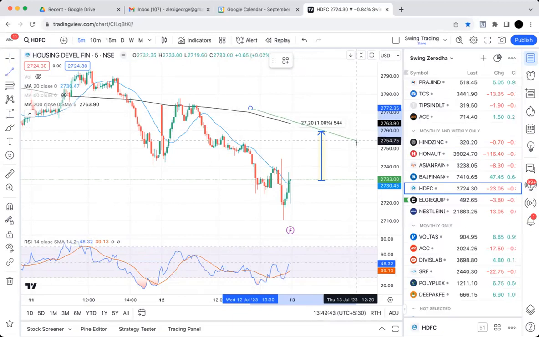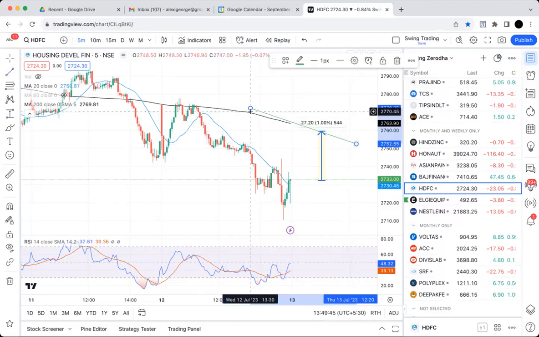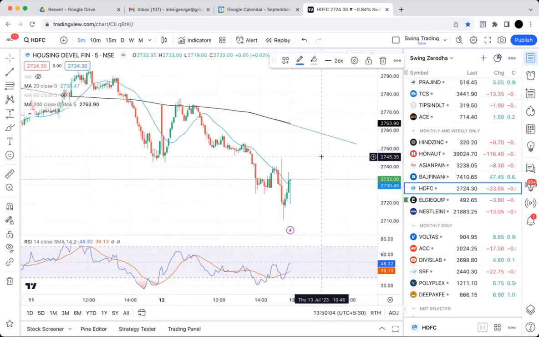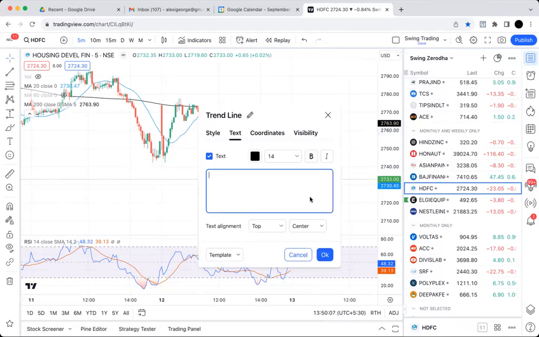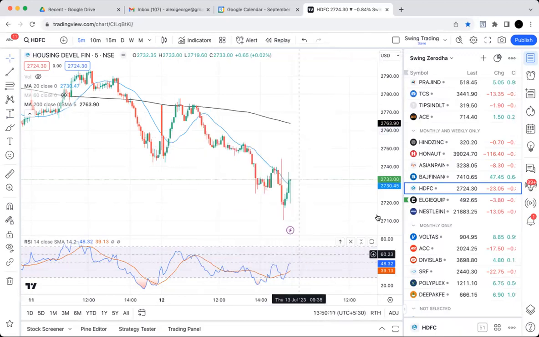Is it workable? It's tough. It's a bit tight, but there's a possibility. If the price goes up quickly, it might. Otherwise, it might not. It'll hit that resistance, and look what it did here. The 200 acts as a resistance. That often becomes a big problem for us. And let me get rid of this.